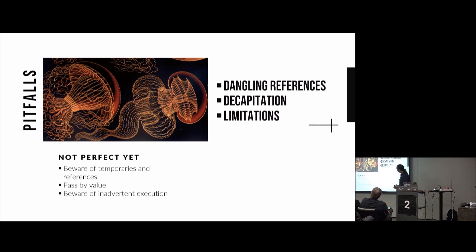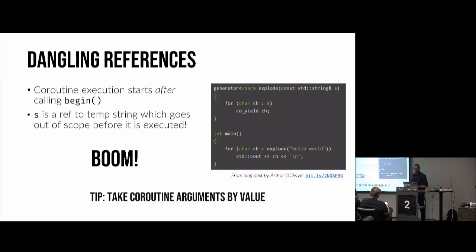Coroutines are rather new, and they're not perfect yet. They'll be in the language, and they still have a few more months until 2020. So I'm going to talk a little bit about pitfalls of using coroutines. The first one is called dangling references.